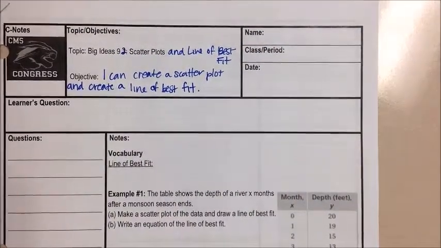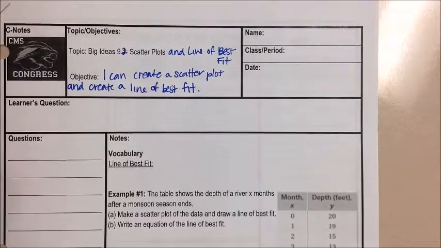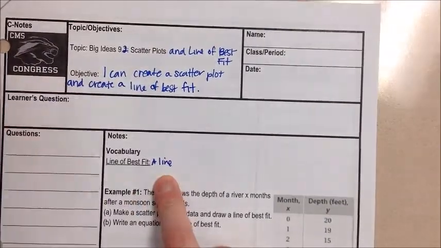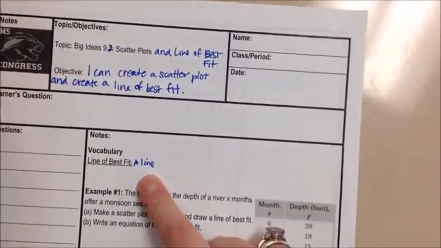Okay, so in order to do this, we have to create a line of best fit, and you kind of explored this in your activity. But a line of best fit is a line, and you're not going to want to write super large because there's kind of a long definition.